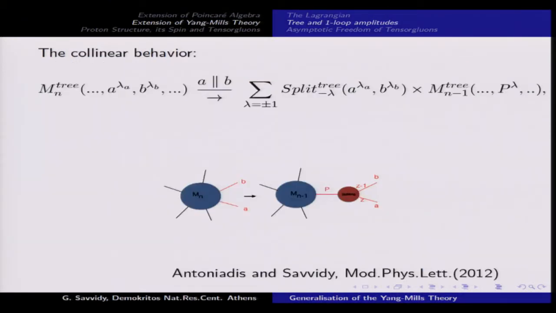So because we knew this n-point amplitude, we can consider what is called collinear behavior. So we will take, let's say, two tensor gluons to be in parallel. In that case, the n-point amplitude factorizes into an (n-1)-point amplitude and what is called the splitting amplitude, which was introduced by Altarelli, Parisi, and others.